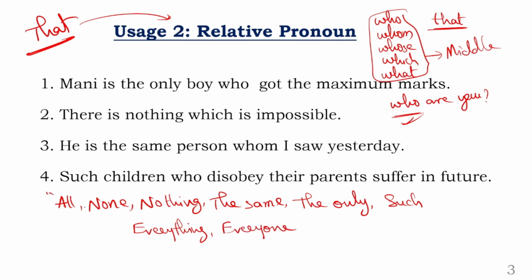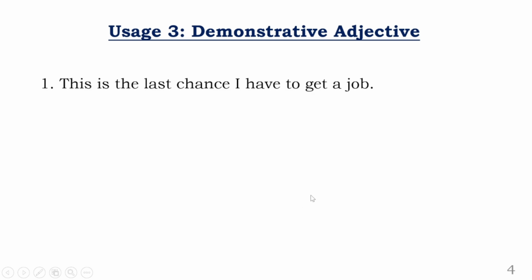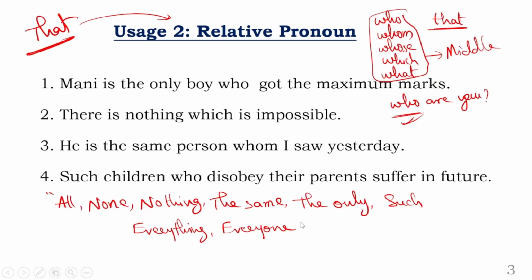Okay, look at the list. All, none, nothing, the same, the only, such, everything, everyone. Wherever you come across these words, they should be immediately followed by the relative pronoun, which is that.